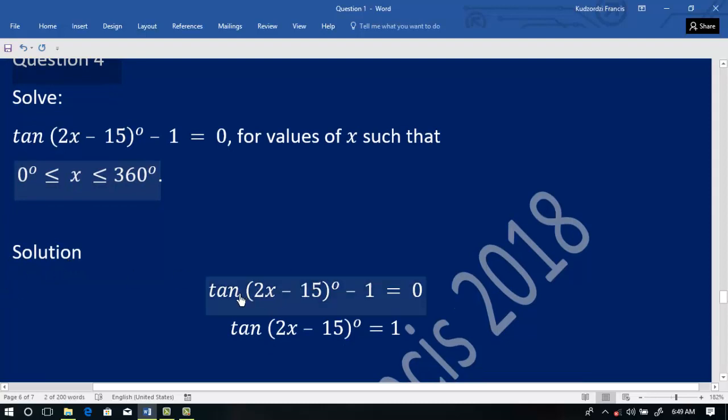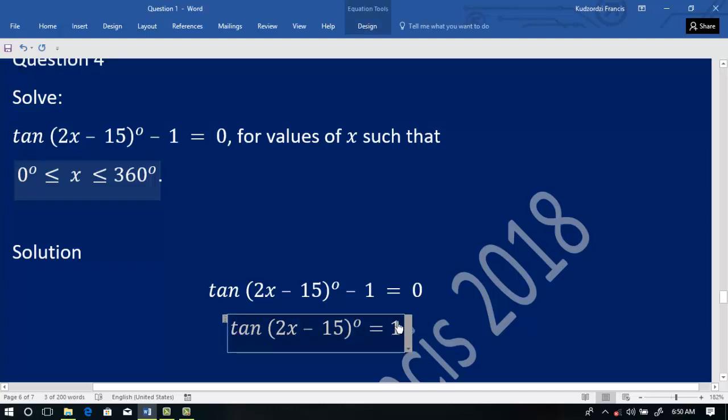We make this the subject, or we send the 1 to the other side of the equation. In other words, we add 1 to both sides of the equation to obtain this.